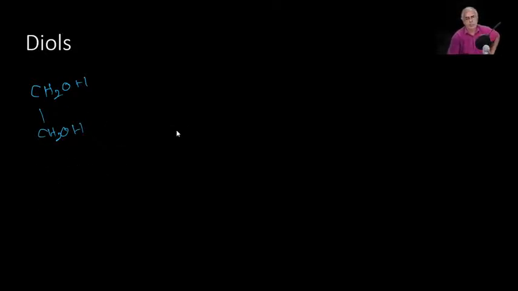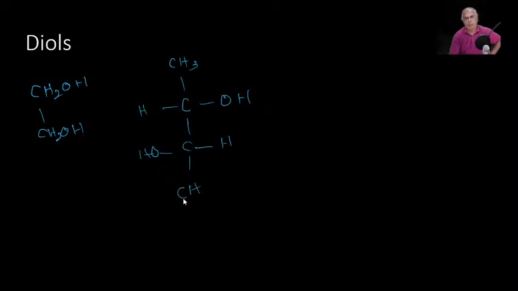Let me take this ethylene glycol and substitute with a methyl group. Let me replace one hydrogen by CH3, so CH3 CH OH, and H. Okay, right? So what do you call this one? This is 1, 2, 3, and you can put CH3, so 1, 2, 3, 4. 4 means butane.